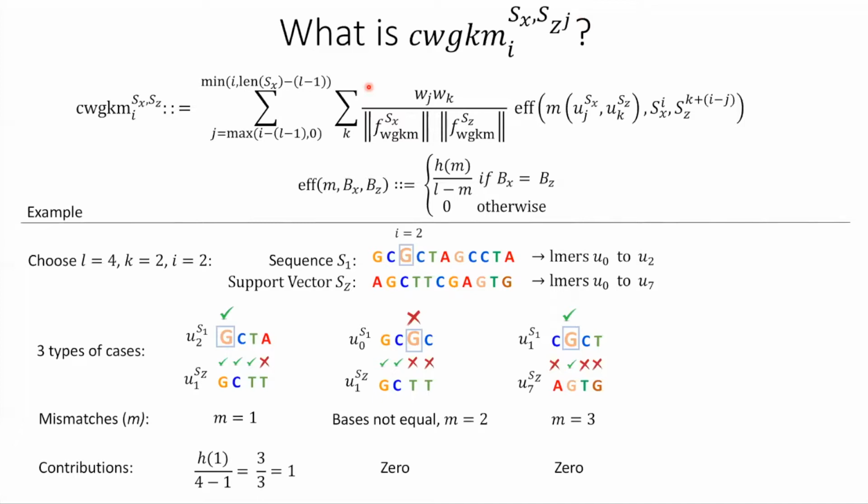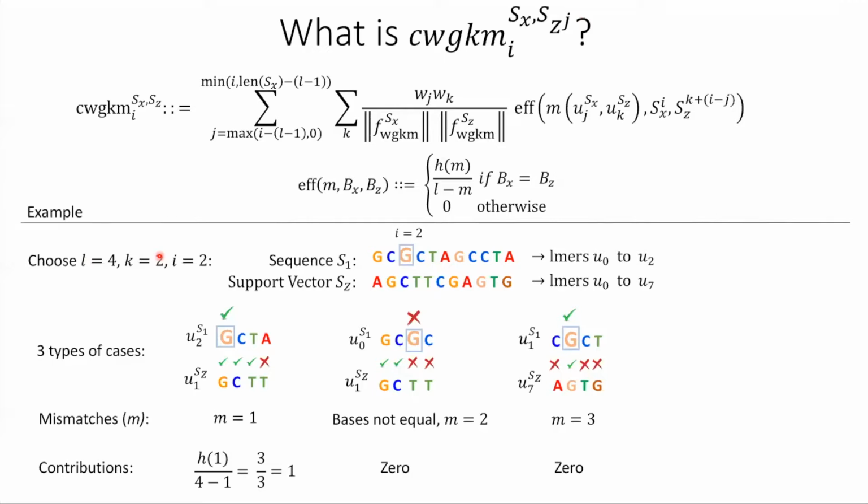So in the example, we are focusing on finding out the attribution to position I equals 2 of sequence S1 from support vector SZ. We have assumed that initially we chose Elmers of size L equals 4, with K equals 2 non-gap positions.